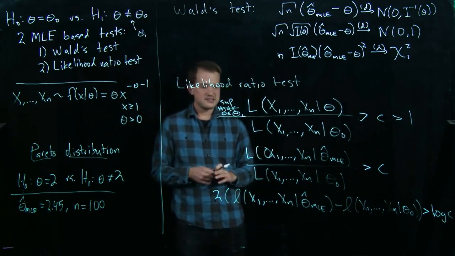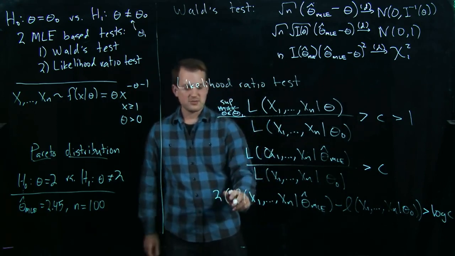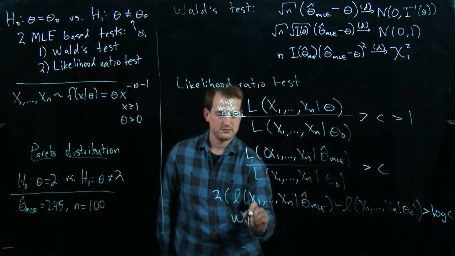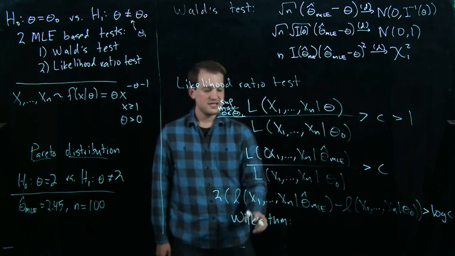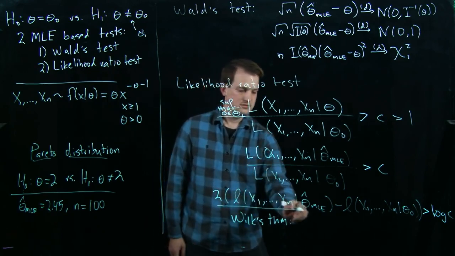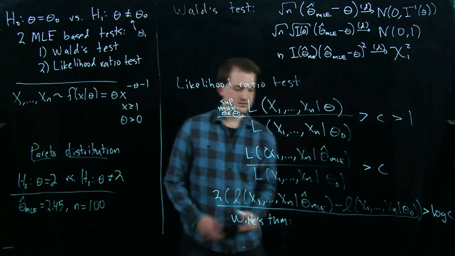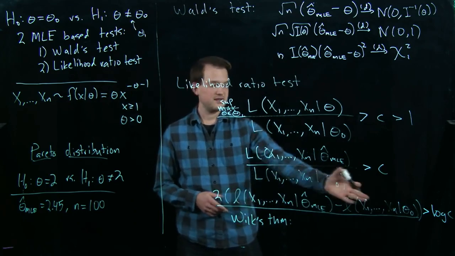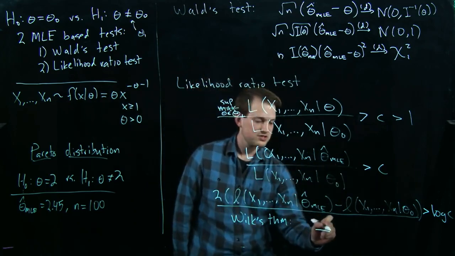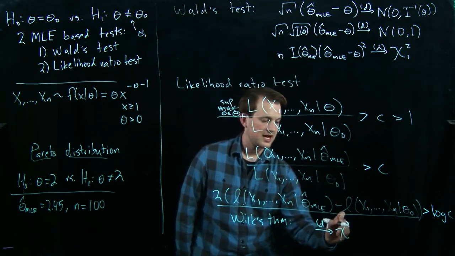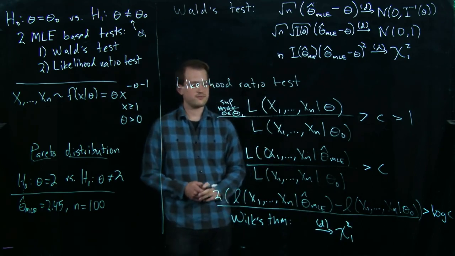And the reason we look at this is we have a theorem called Wilks' theorem, which states that this statistic here, based on the MLE and the null hypothesis theta naught value, will converge in distribution to a chi-squared 1 distribution.